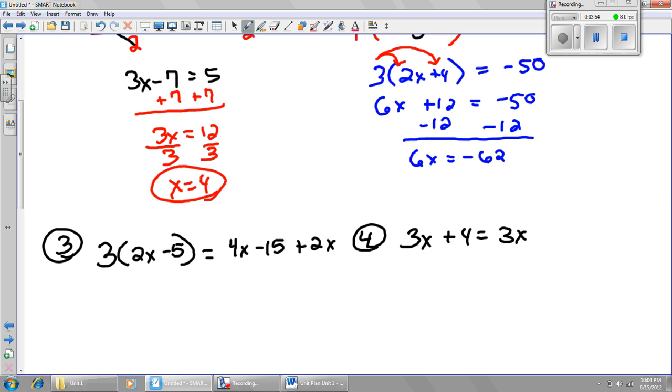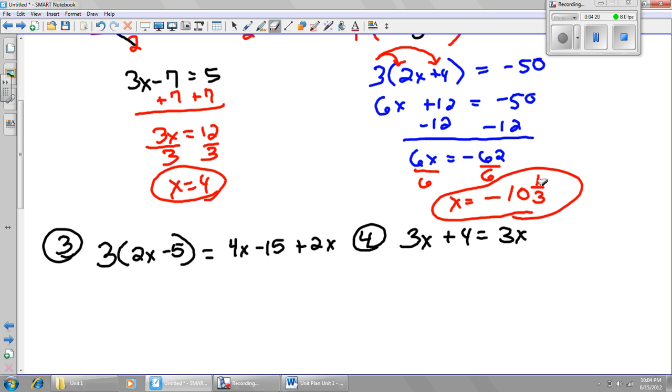I know it's not going to go in evenly, but I'll still divide by 6. x is going to equal, it's going to be a negative answer. 6 goes into 60 10 times, right? There's 2 left over, so it would be negative 10 and 2/6, except 2/6 simplifies to 1/3. So my answer is negative 10 and 1/3.